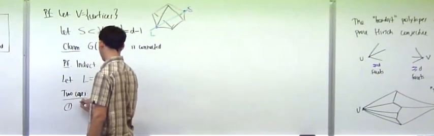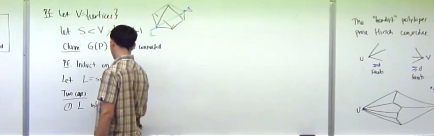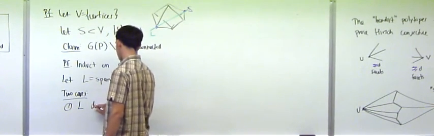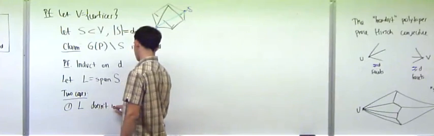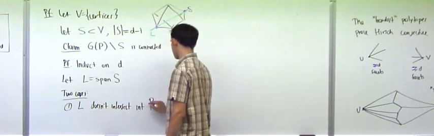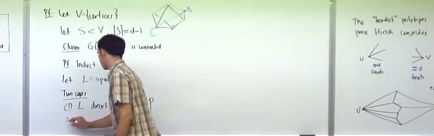One is that L doesn't intersect the interior of the polytope, and 2, that it does.